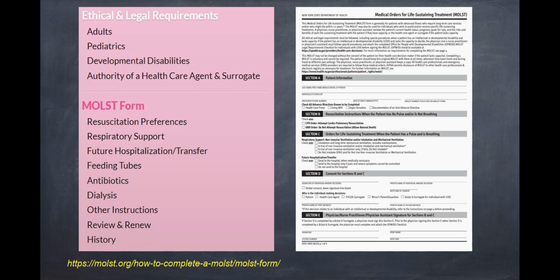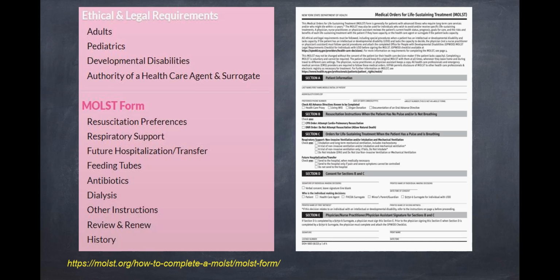Next is the resuscitation instruction or preference. Do they want CPR or DNR? DNR is sometimes called allow natural death. Next is future hospitalization transfer. Do they want to be admitted to the hospital, or do they refuse to be sent to the hospital? There are options that are very specific. Feeding tubes: do they want feeding tubes or not?